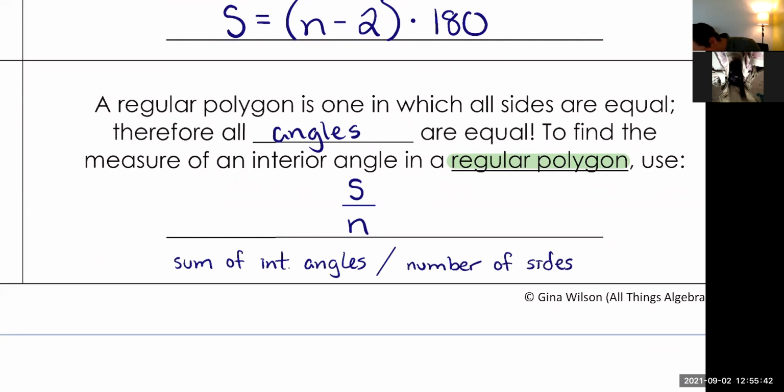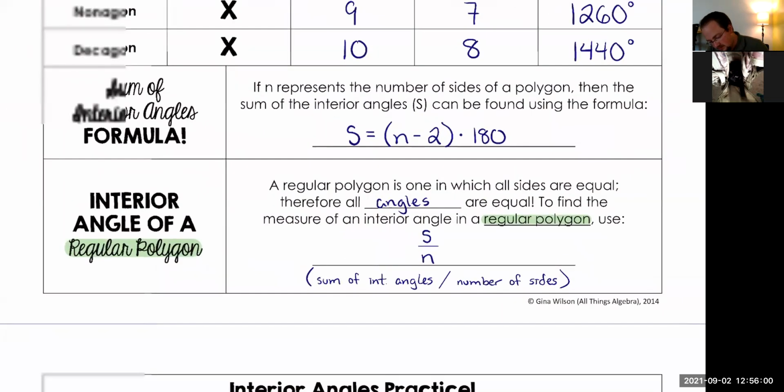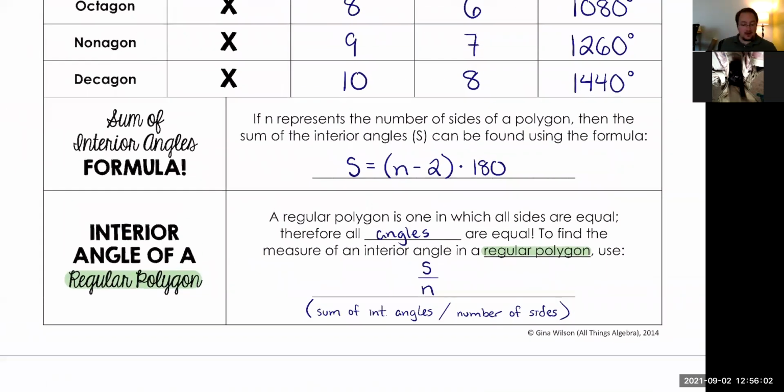Hopefully that doesn't surprise us too much, because if you know the total of all the angles and you know each of them are equal to one another, to divide them equally, you would just take the total of the degrees divided by the number of sides. So two handy formulas for us to use there. Those are going to prove quite useful.